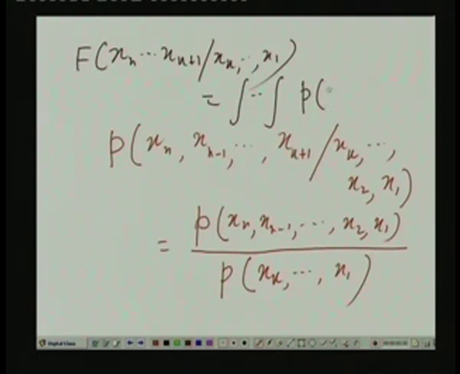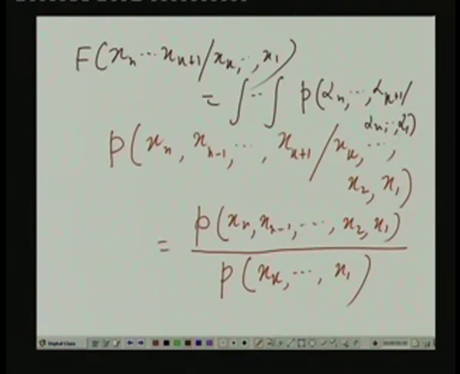Okay. So, we just change these variables, just give them new names, alpha k plus 1 condition to alpha k dot dot dot alpha 1, and integral.